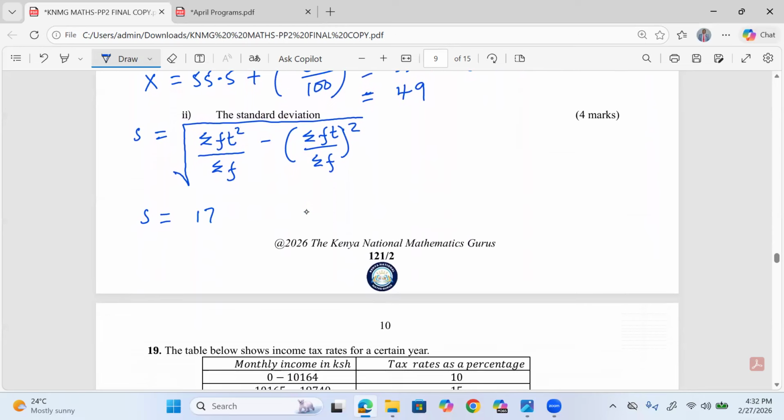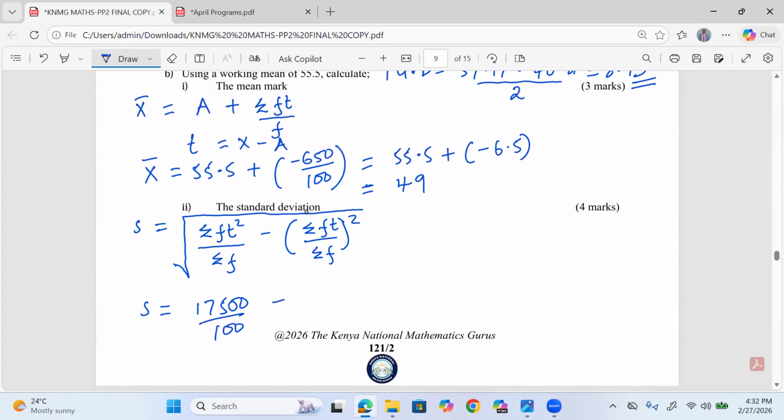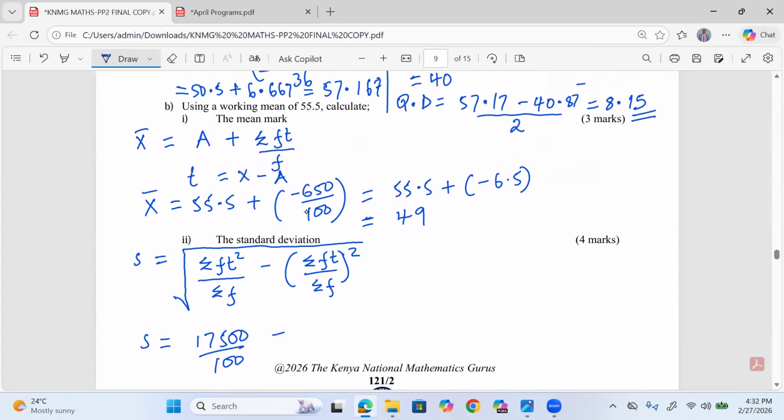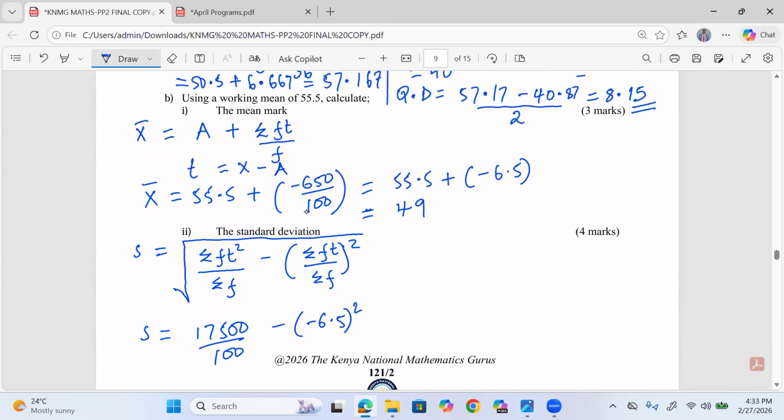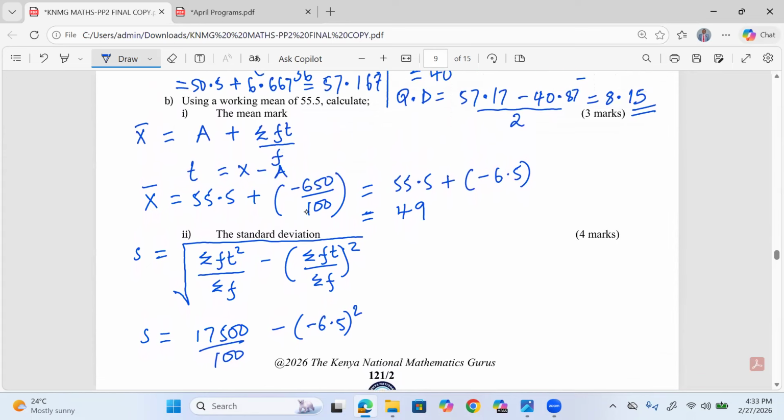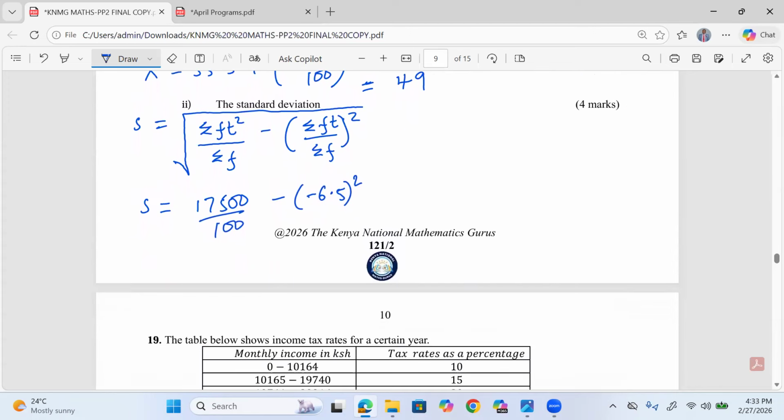So 17,500 out of 100 minus, we had already worked out this part where we got negative 6.5 and we are supposed now to square it. This part we have already worked out here. So we only need to square it.